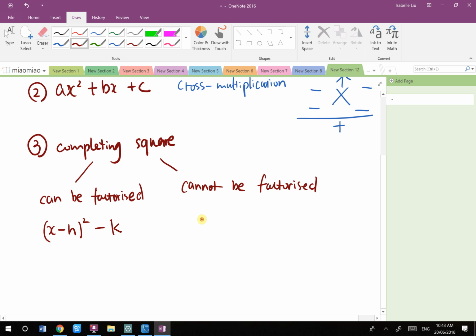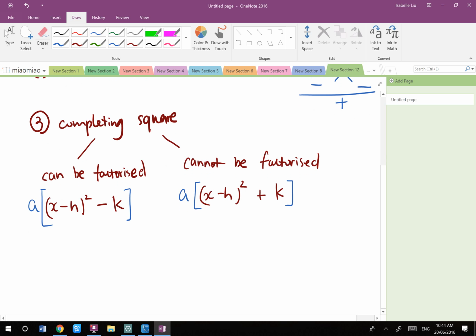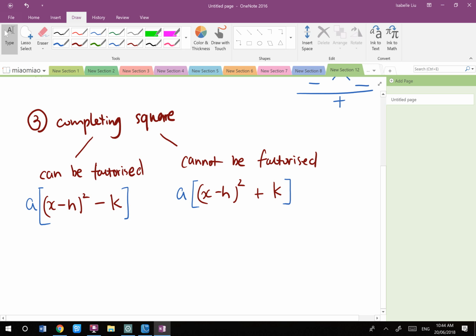Cannot be factorized looks like (x minus h) squared plus k. They can also have a coefficient in the front, like a. It's not always a single x. So if we have ax, we take a as a common factor. When it's minus a constant, then it can be factorized. When it's plus k, like plus 2, it can't be factorized.